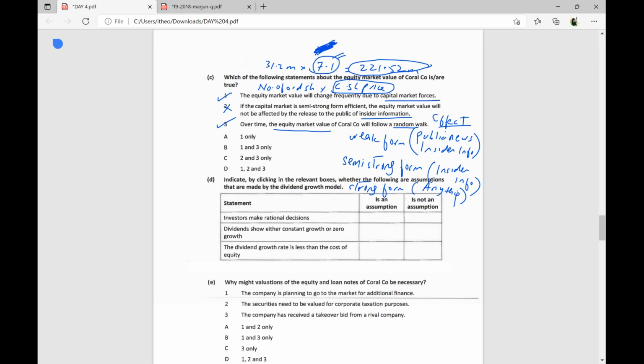Sometimes they change due to results, news, or manipulation, but sometimes they just follow a random walk. They randomly change without any reason, falling or rising. So this statement is also true.